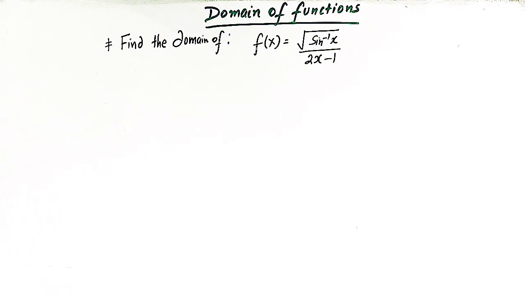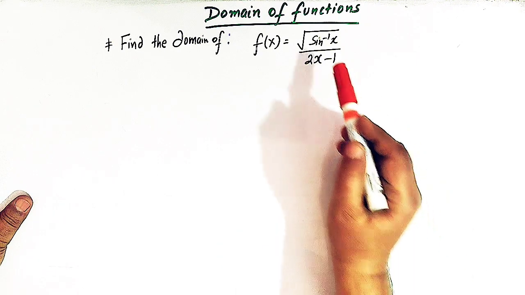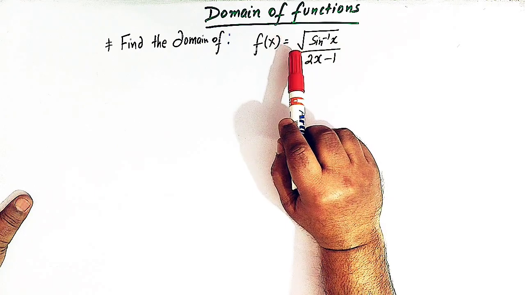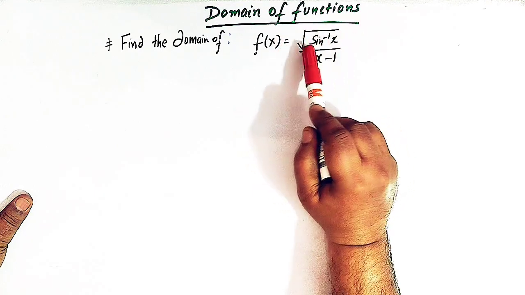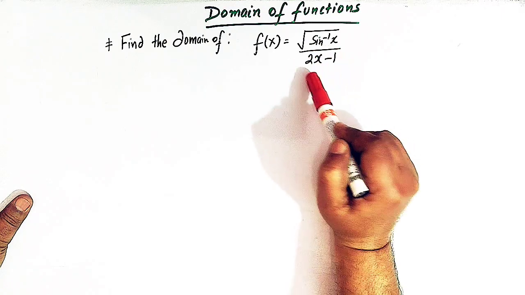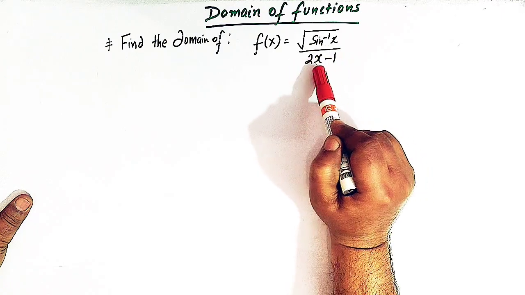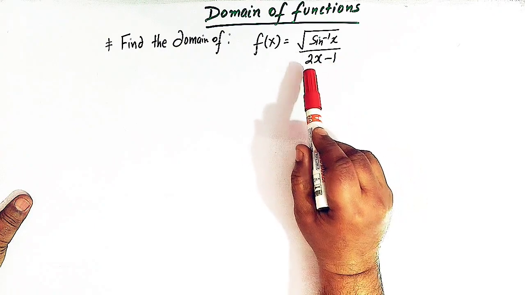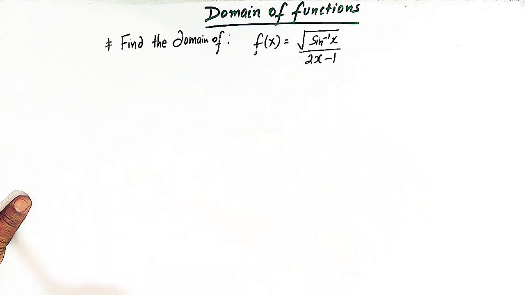To find the domain of this function, we'll find the domain of the function square root of sine inverse x, and the domain of the function in the denominator, which is 2x minus 1, and then we'll find the intersection of these two domains to get the domain of f of x.